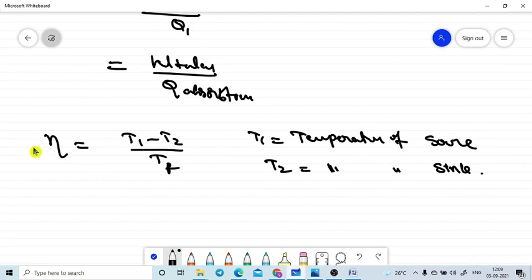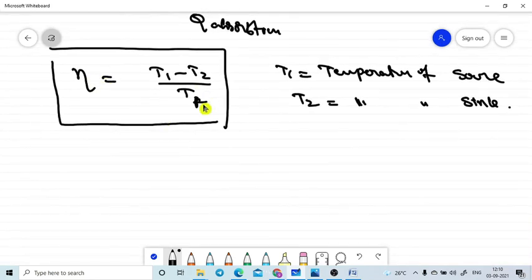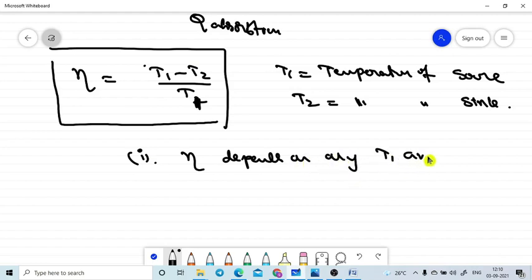Please observe that this formula is independent of the parameters which depend on the material, the working substance parameters. That means eta has only the T1 and T2 terms. Taking it in a simple manner, eta depends only on T1 and T2.